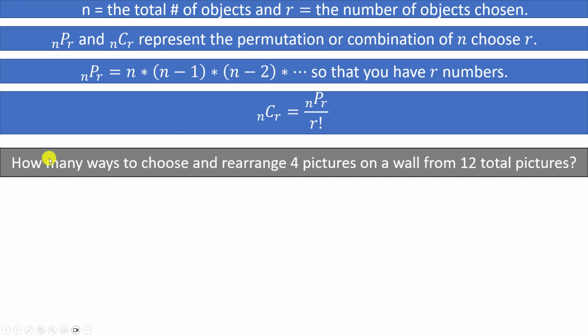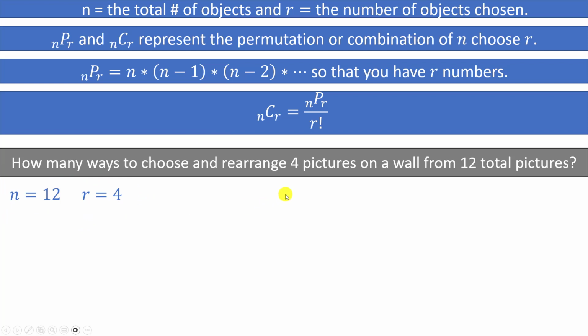So let's say we are asked how many ways there are to choose and rearrange 4 pictures on a wall from 12 total pictures. So that means that n, our total number of objects, is going to be 12, and we're going to be choosing and rearranging 4 of those pictures. So the question is, are we going to use a permutation or a combination? The question we need to ask ourselves is, does the order in which these objects are chosen matter, or does it not matter?